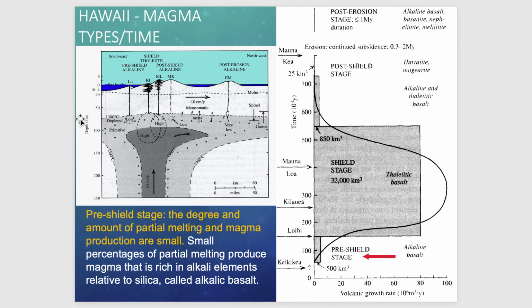Down here we have a series of isotherms that show you the temperature of the mantle, and the hot plume is clearly causing an anomaly because you have an extended high temperature domain that is forming, which justifies the areas and volumes of magmatism that are identified by these circles.